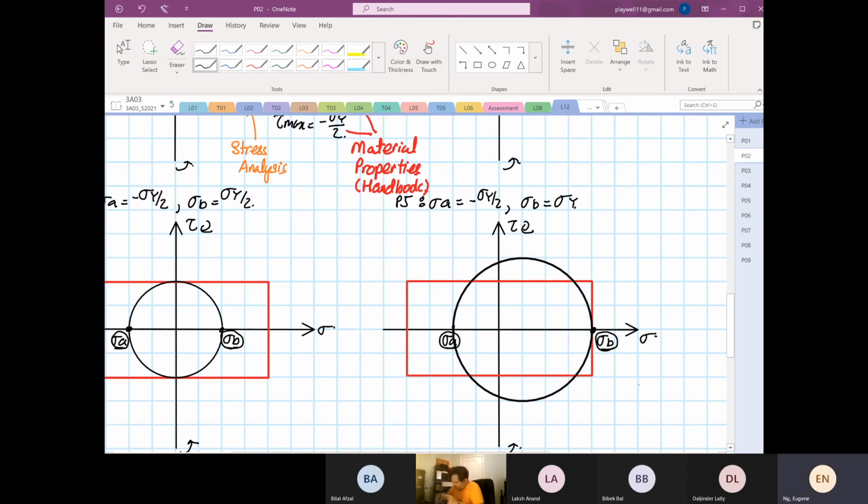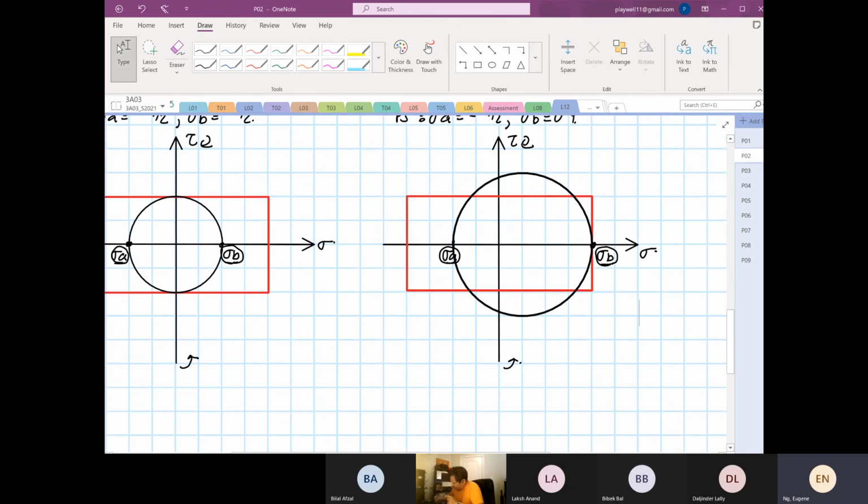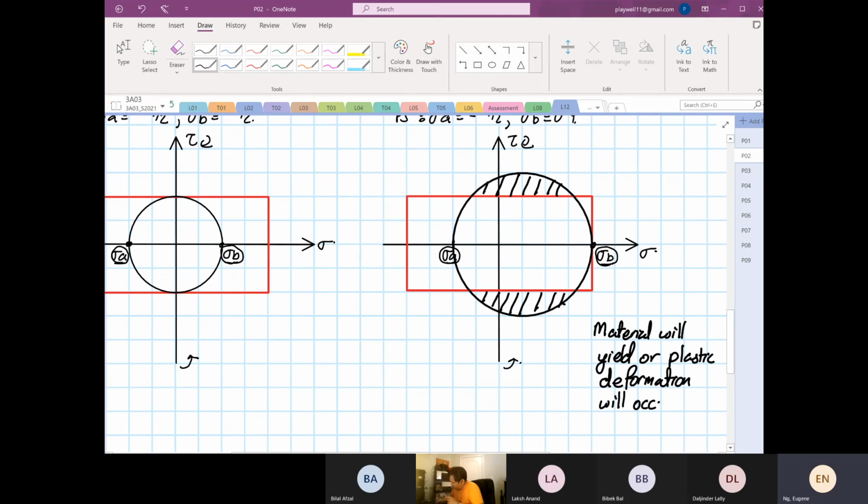So when this is the case, because the circle is outside the box, at this region, it's outside the box, at this region, it's outside the box, the material will yield, or plastic deformation will occur.